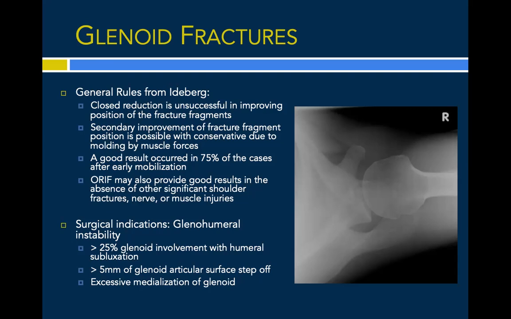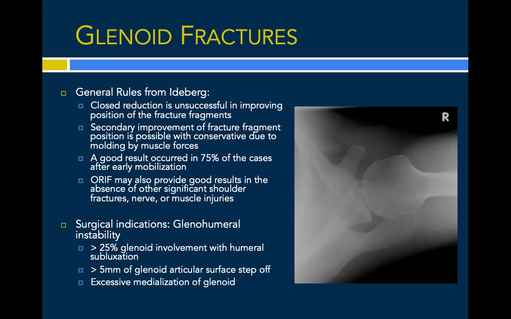Surgical indication for glenoid fractures is involvement of greater than 25% of the glenoid with humeral subluxation. So when we get into hand fractures, say mallet finger, for example, that 25% seems to be the magic number of the articular surface involved for stability of the joint. So you have more than 25% of the glenoid involved, you're going to start to see subluxation of the humeral head.